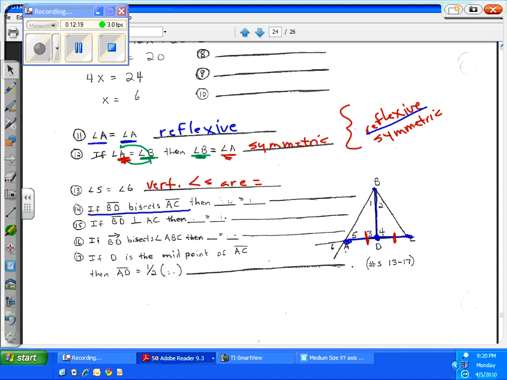So if segment BD bisects segment AC, then we can conclude that segment AD is equal to segment CD. With the reason, there's the word, and there's what we get out of it. And so we say definition of whatever that word was, bisector of a segment.